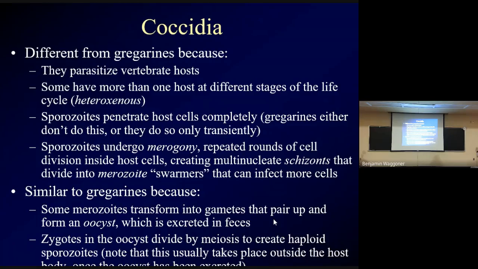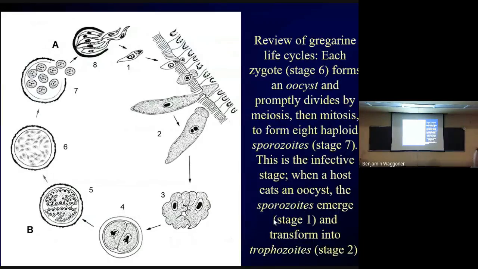They do resemble gregarines because some of those merozoites will transform into gametes that form oocysts, which are excreted in the feces. That's something you've seen. And within that oocyst, zygotes form, they divide by meiosis and create haploid sporozoites. And again, that's what you've seen in the gregarine life cycle.